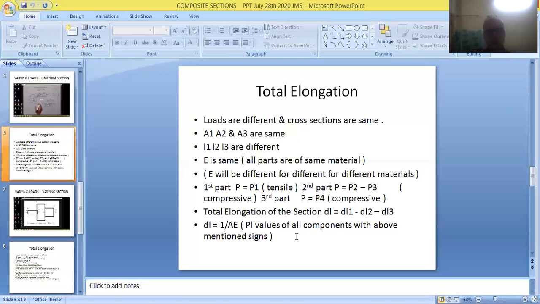So like that, we have to measure total elongation for this particular arrangement, that is varying loads and uniform cross sections. So friends, this is the methodology, this is the procedure to be adopted for solving problems on the second topic.